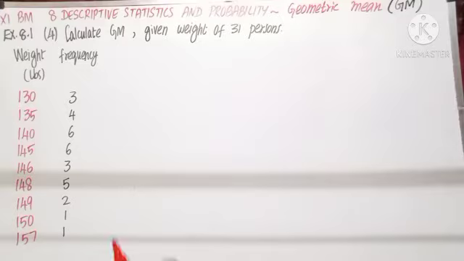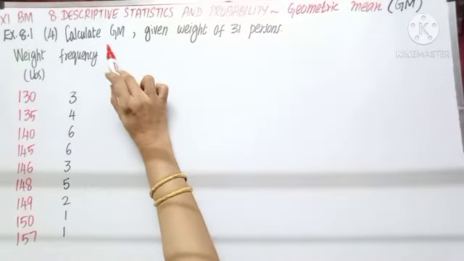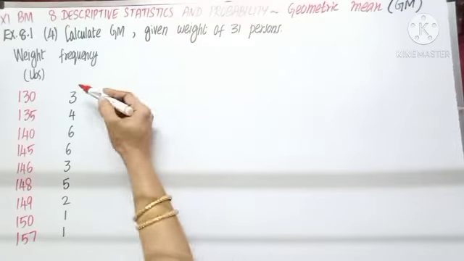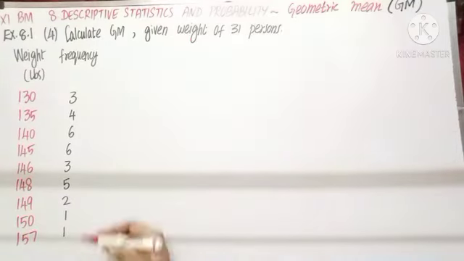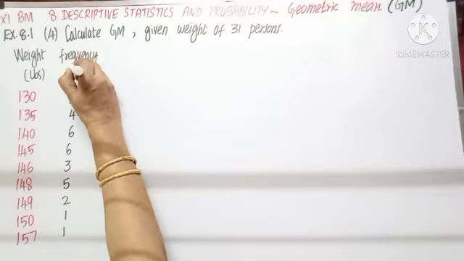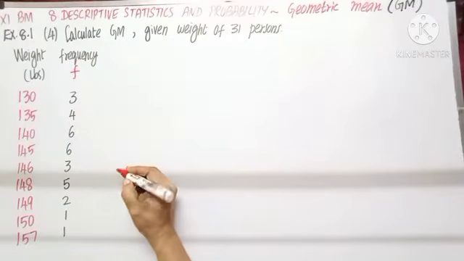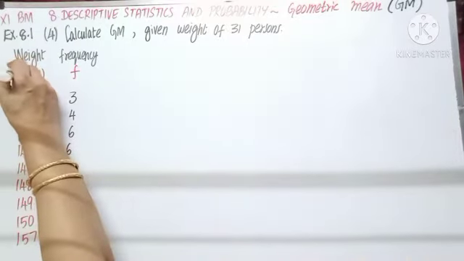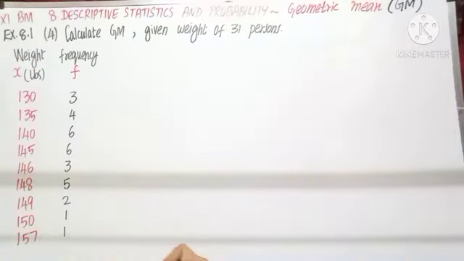Exercise 8.1, question number 4. Calculate geometric mean given the weights of 31 as follows. Frequency we will call F. The weights given we will call X. What is the formula we learnt?